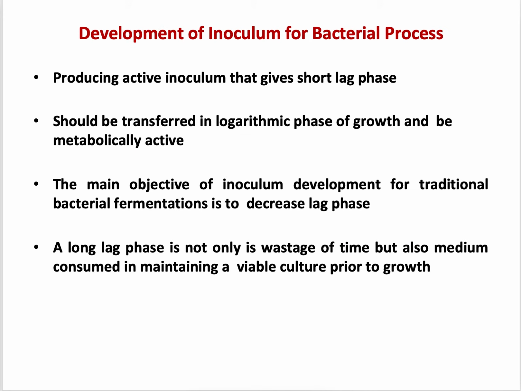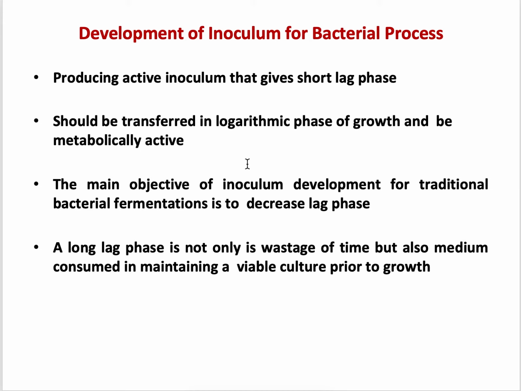Anyway, when we develop inocula for a bacterial process, we should keep some points in mind. The inocula for bacteria should be in their logarithmic growth phase and metabolically active. Otherwise, if the inoculum is not active enough and we transfer it into the fermenter, the lag phase will be long.